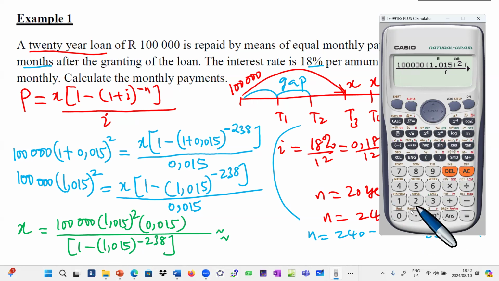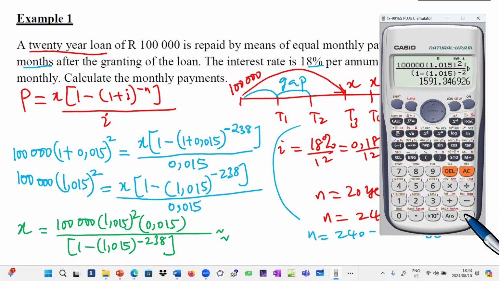You divide by an open bracket, 1 minus 1.015, you close the bracket, power minus 238, you close the bracket. Right, and this is the answer.